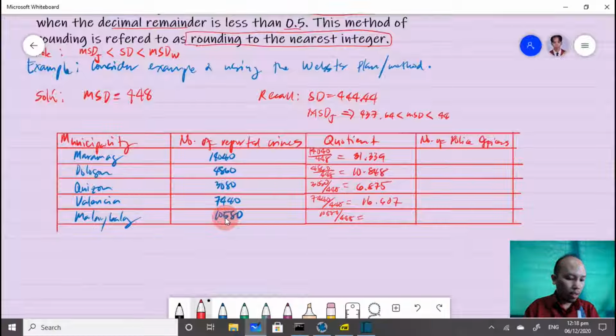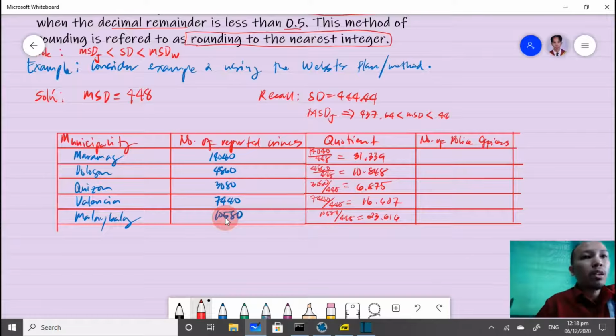And 10,580 divided by 448 is 23.616. Okay, so this is the value.